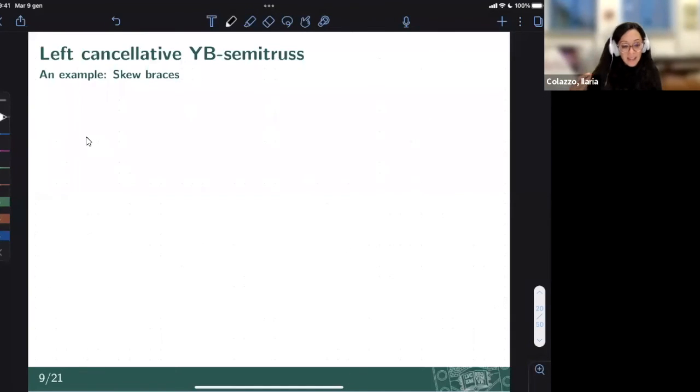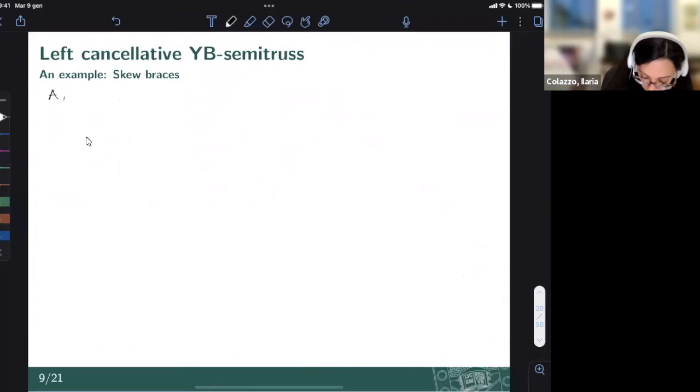As an application of this characterization for left cancellative semitrusses, we can see that a skew brace is in particular a YB-semitruss, as promised.